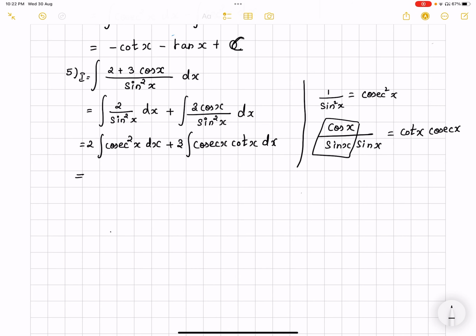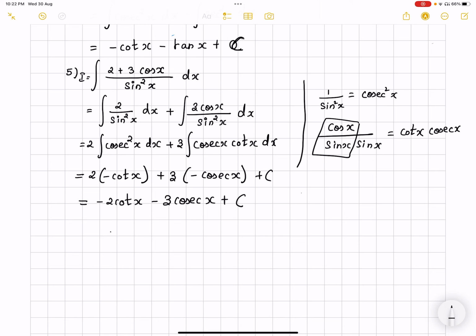So this is going to be 2 times cosecant square, which is going to be minus cot x, plus 3 times this, which is going to be minus cosecant x, plus c. So I would be having minus 2 cot x and then minus 3 cosecant x plus c. That's going to be my answer.